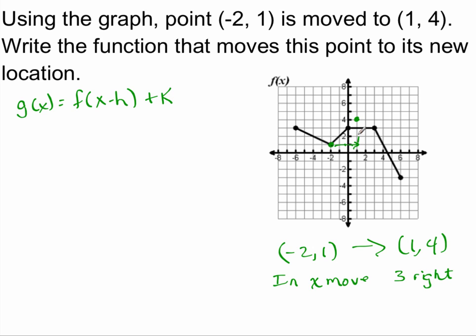And then I move 1, 2, 3 units up. So g of x is going to be whatever my function f is, x, and it's going to be minus, since it's right, it's going to be -3. And then because it's up, it's going to be +3.